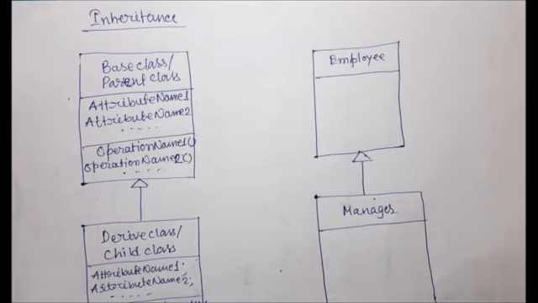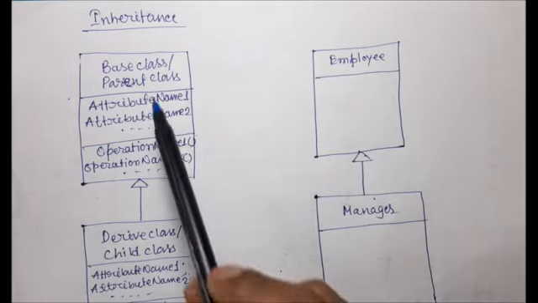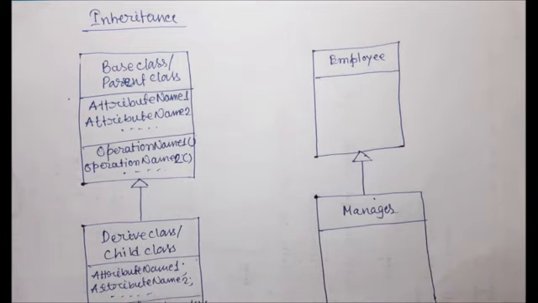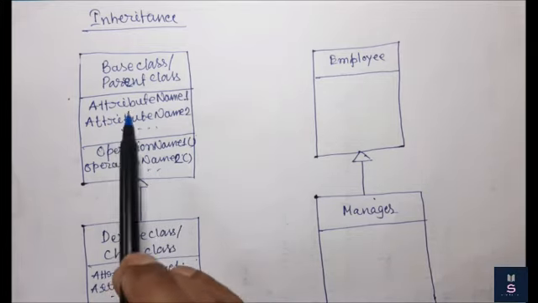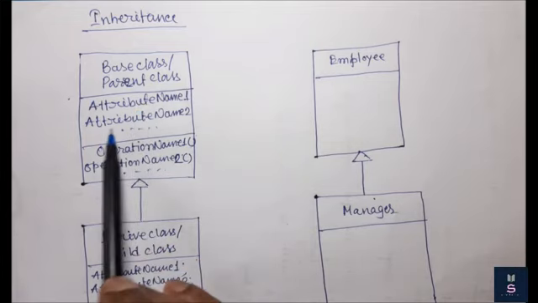Inheritance is a way to form new classes using classes that have already been defined. For example, here is a base class that has already been defined, and I will form a new class, called a derived class or child class, with the help of the base class properties, for example attribute name 1, name 2.